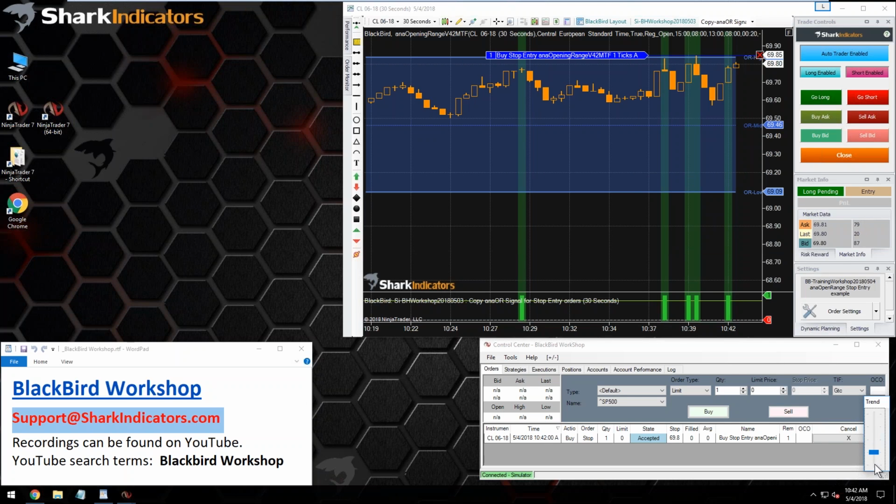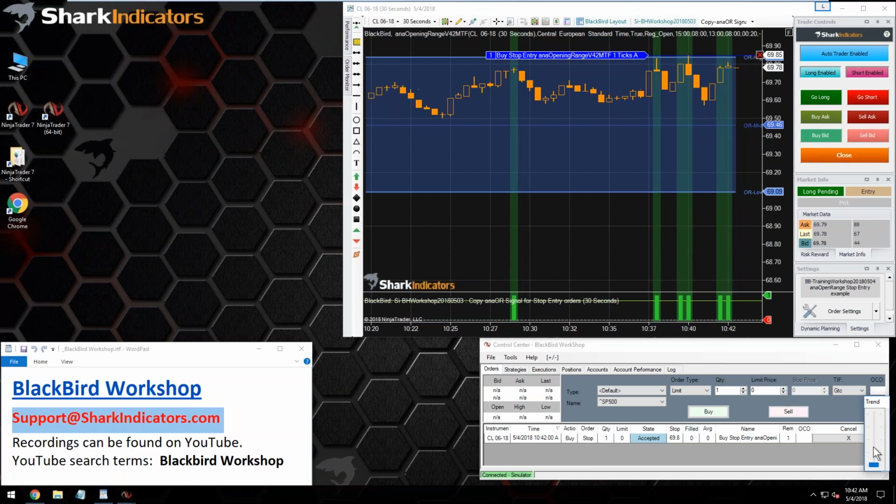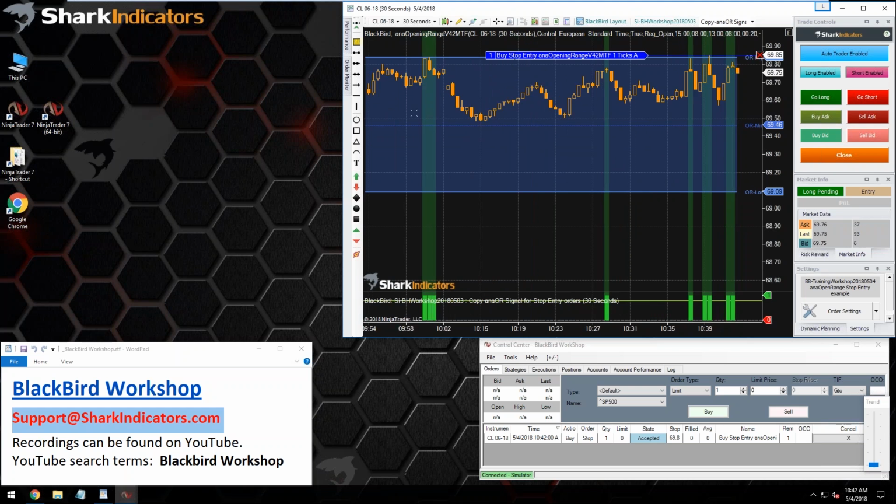And also, let's test the other side. So the BloodHound signals were designed so that if price is chopping around here, going from high down to low, back to high, back to low, the BloodHound signals give the appropriate signal here.